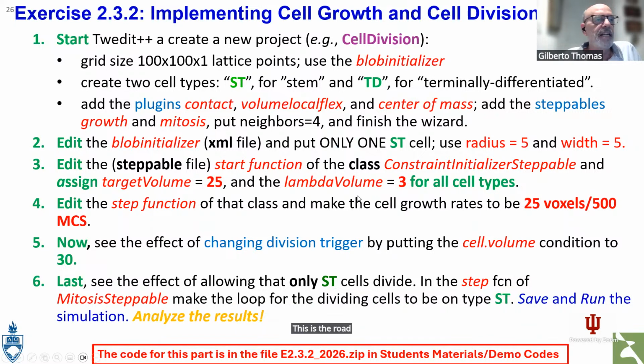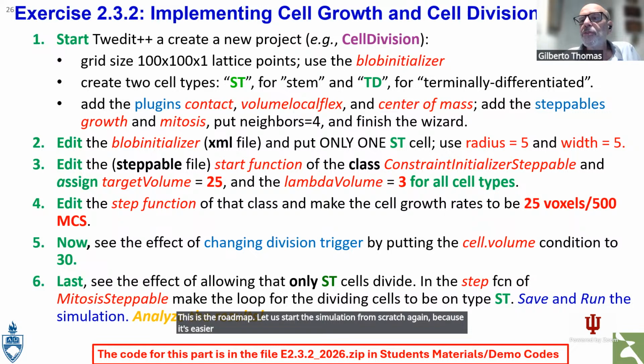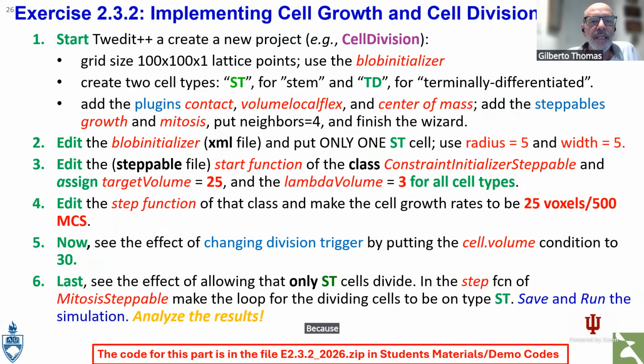Let's start the simulation from scratch again, because it's easier than modifying the previous one, because it involves the new steppable. You have to load from the beginning. So this is the roadmap. Let's go step by step.